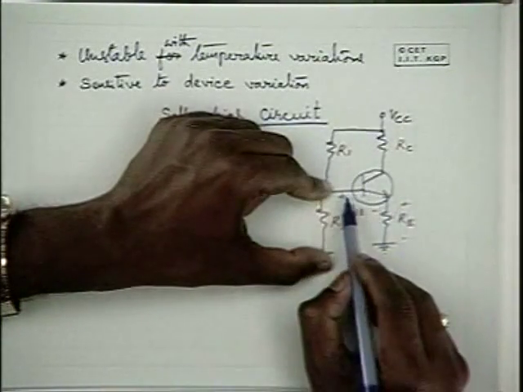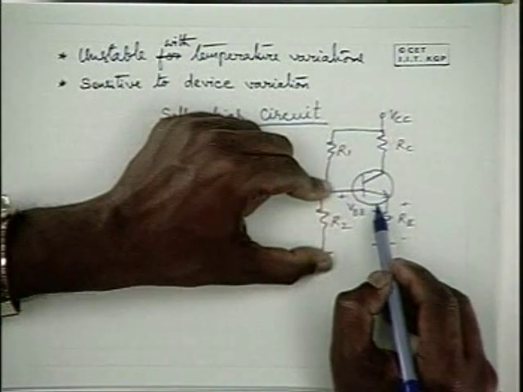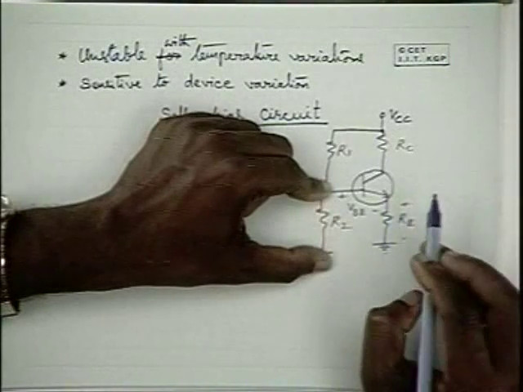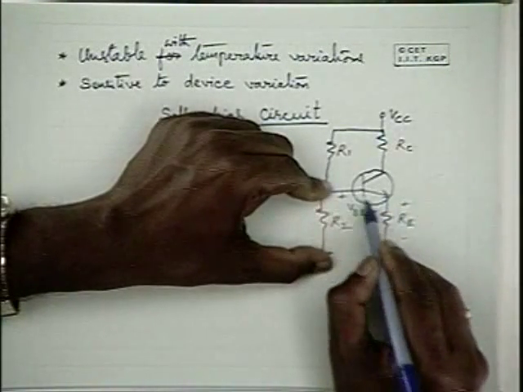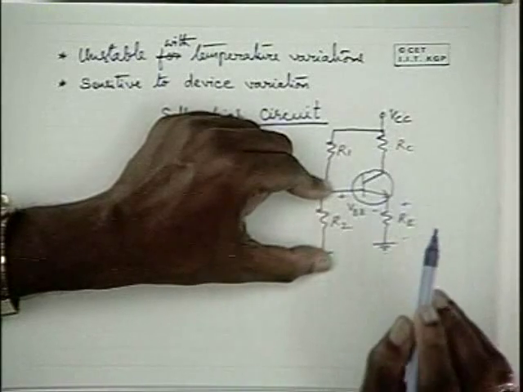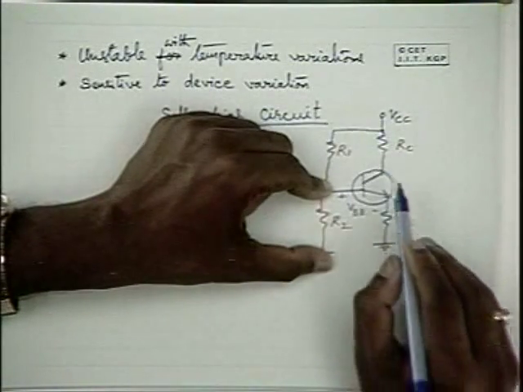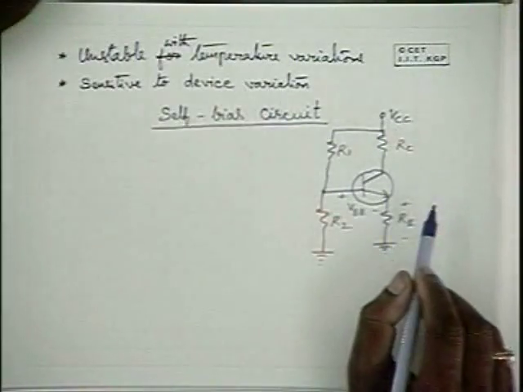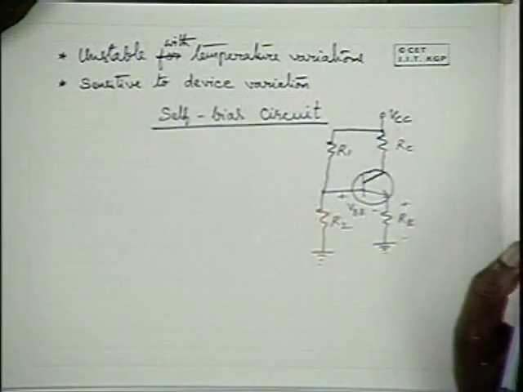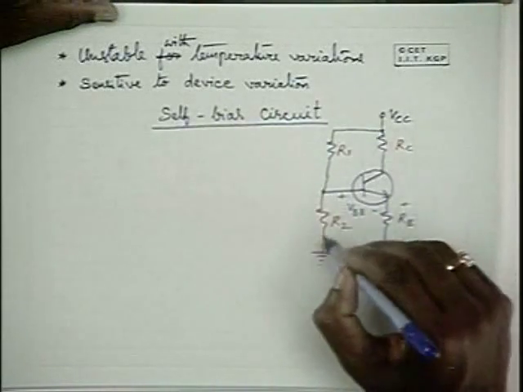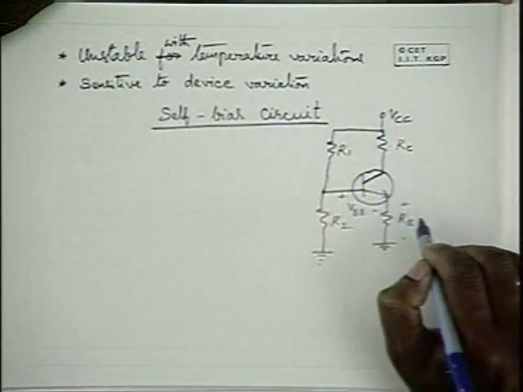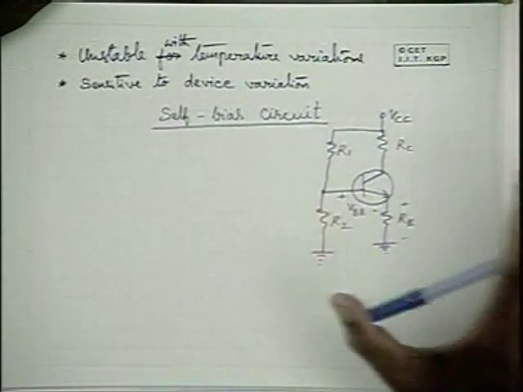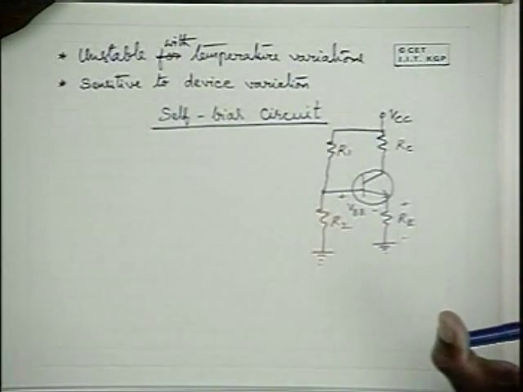When the base to emitter potential decreases, naturally IB decreases, and when IB decreases, collector current decreases. So a tendency to increase the collector current reflects as a reduction in the collector current. Because of this kind of feedback effect, it gives you bias stability against temperature variations.